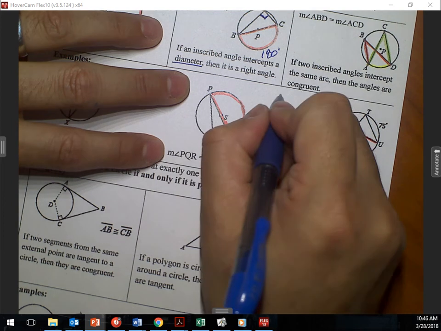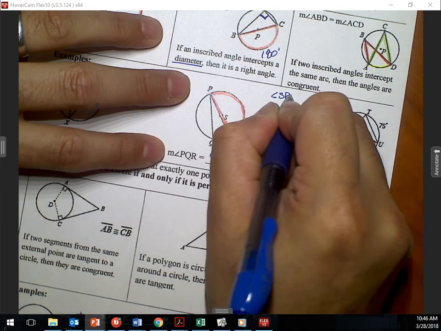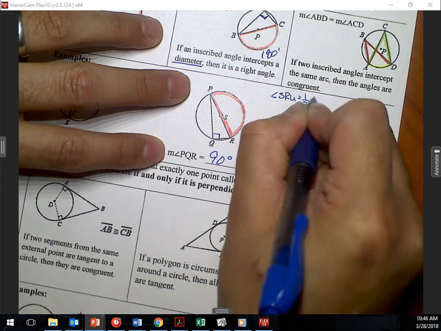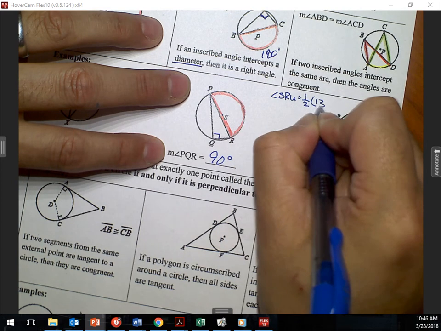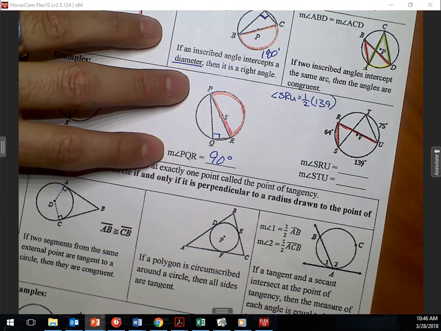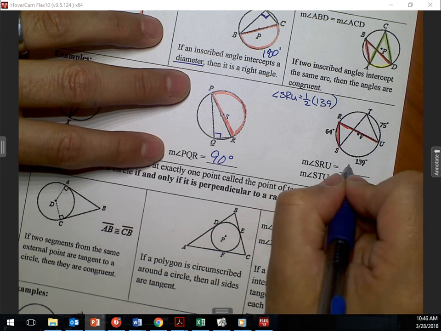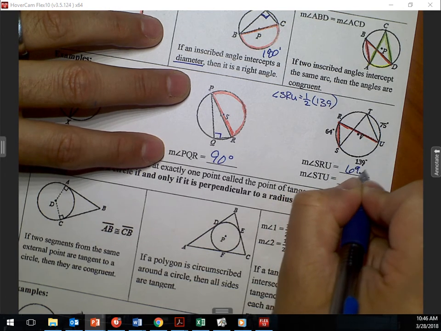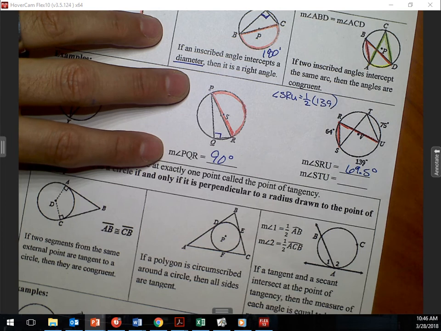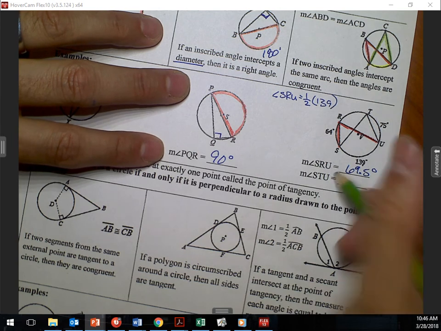So angle SRU is equal to 1/2 of 139. So what do we get there? Because I know you guys are calculating this right now. 69.5 degrees. Very good.